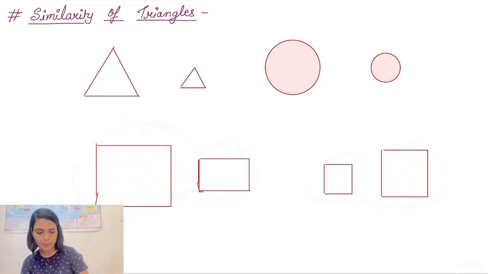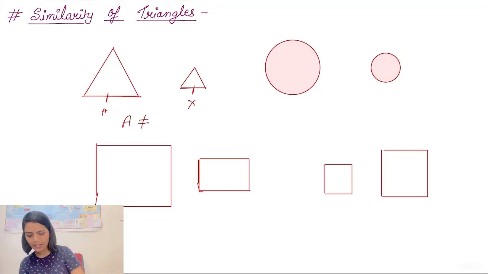So these figures are similar, but we can't say that they are equal. Why? In this we can say that this side is equal to this side. But can we say that side A and this side X are equal? No, side A is not equal to X. That means they are both similar but not equal.